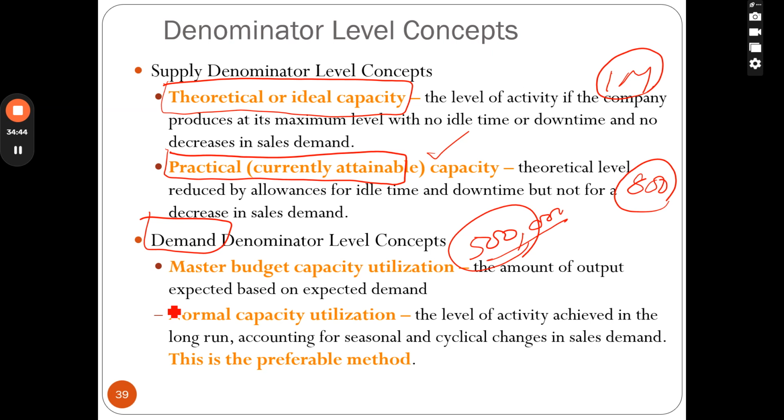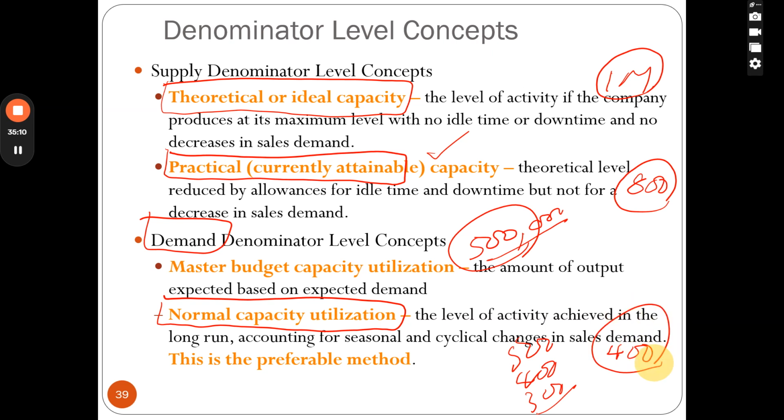And another option we have is normal capacity utilization. This is the activity level achieved in the long run. You will consider cyclical changes, you will consider seasonal changes, and if it is like 1 year 500,000, second year 400,000, third year 300,000, it is like 1,200,000 divided by 3, so your average is going to be 400,000.